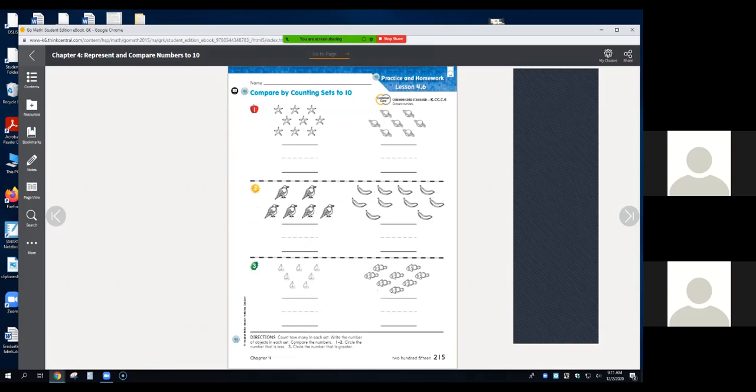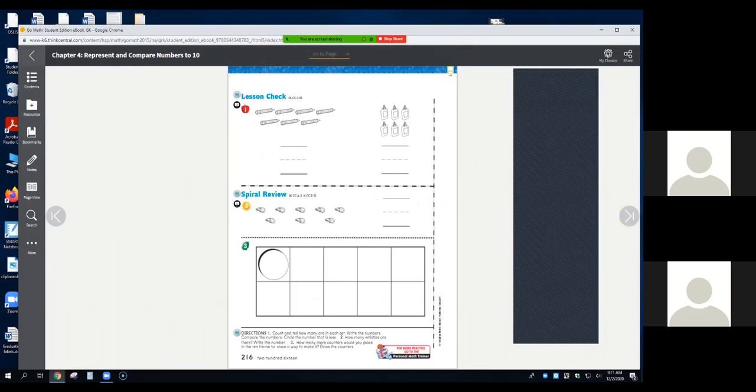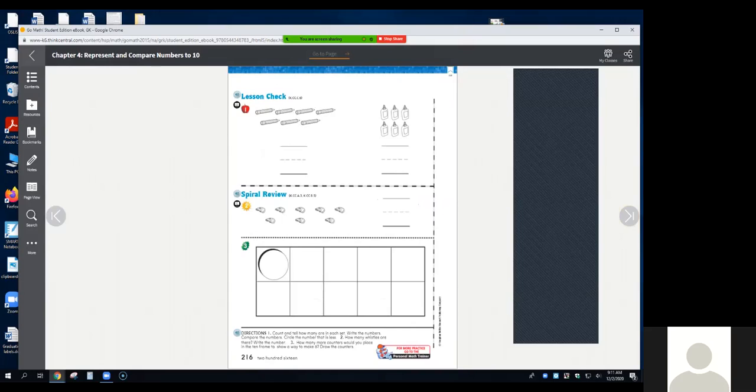Number 3, you're gonna circle the one that is greater. So you're gonna count the boats and the fish and circle the one that is greater after you write the number, okay? Then you're gonna do the same thing here. Count the pencils and glues, write down the number, and you're gonna circle the one that is less. Remember, less is smaller. Greater is bigger, okay?